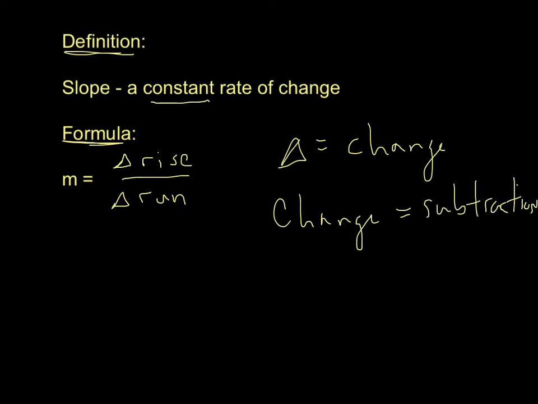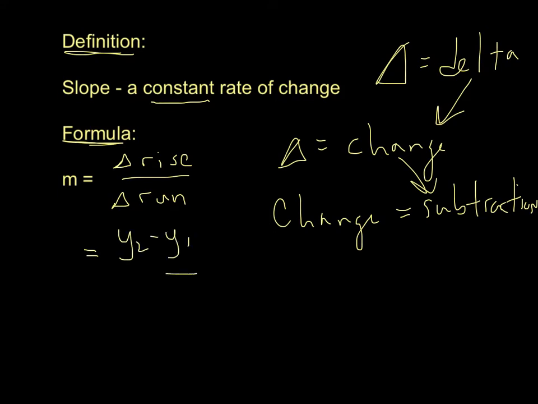Also keep in mind that this triangle is the Greek letter for delta. Delta means change. Change means subtraction. So if we're talking about change in rise, we're talking about change in y's: y2 minus y1 all over x2 minus x sub 1.